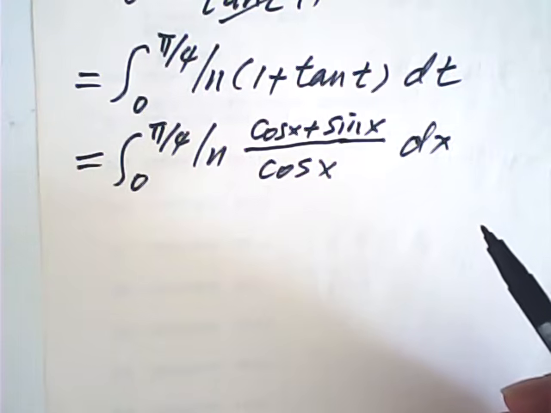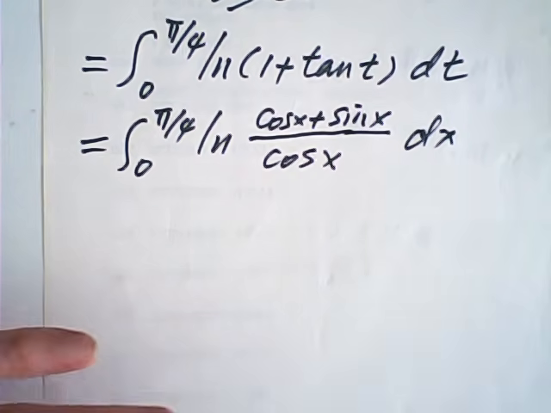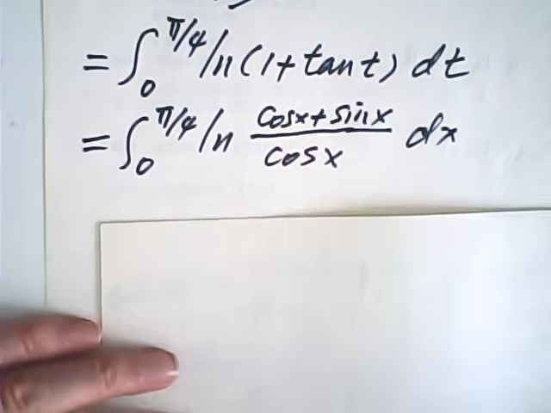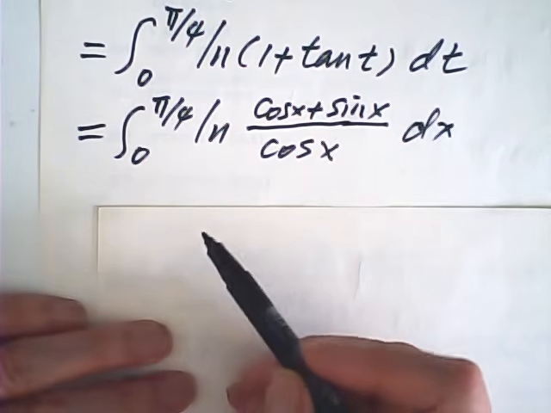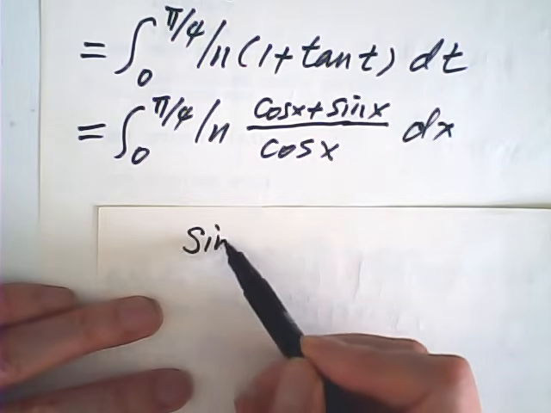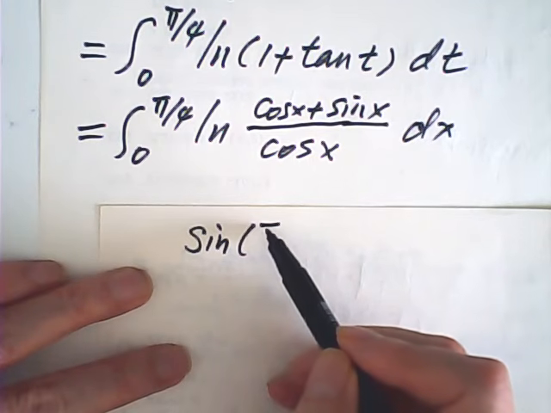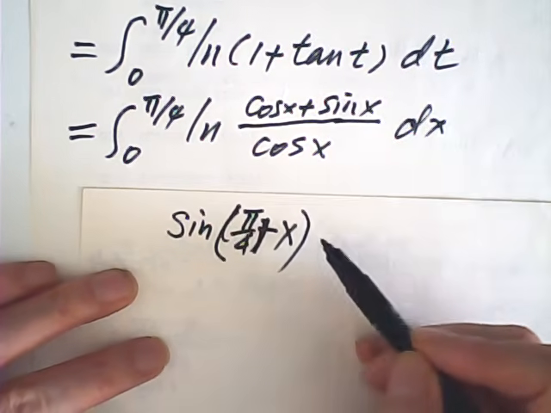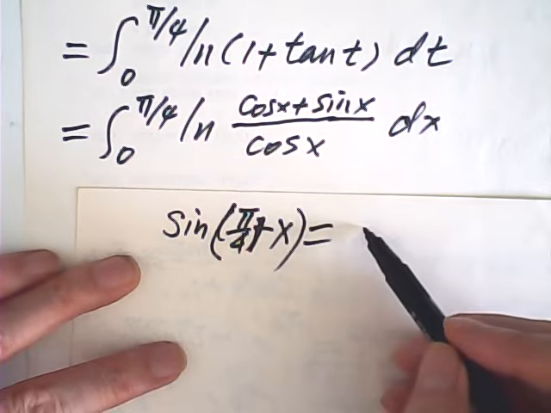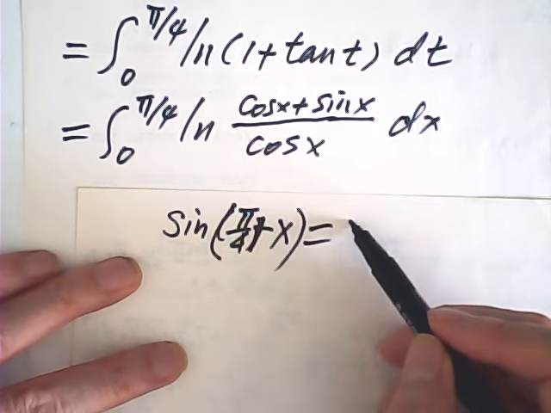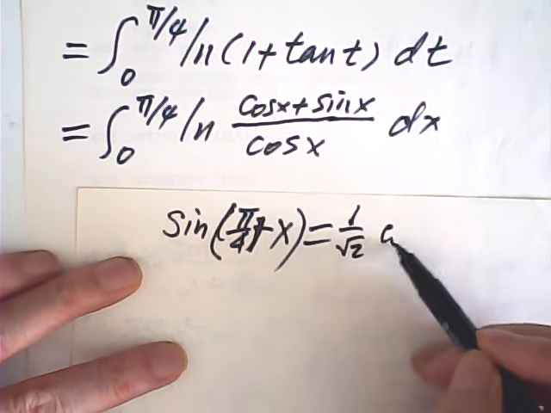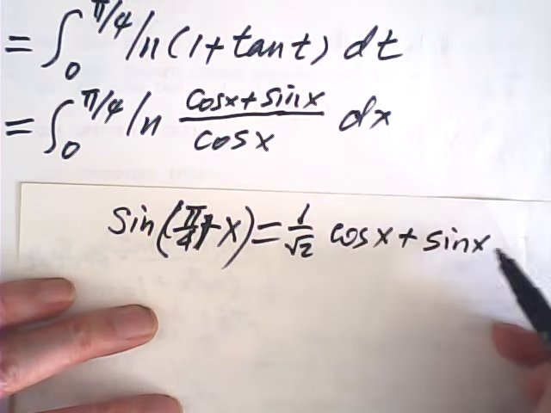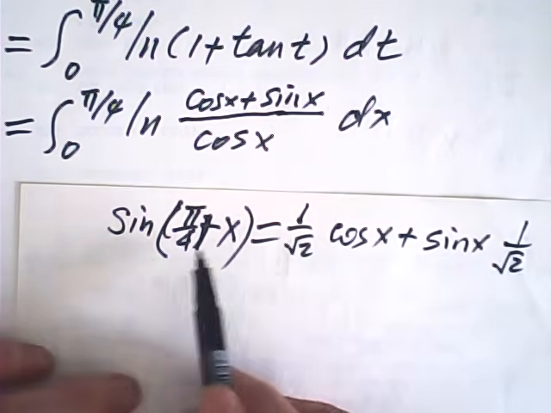Now, sine plus cosine. Sine of quarter pi plus x, according to the trigonometric identity, is equal to sine quarter pi, which is 1 over root 2, times cosine x, plus sine x times 1 over root 2, for cosine quarter pi.